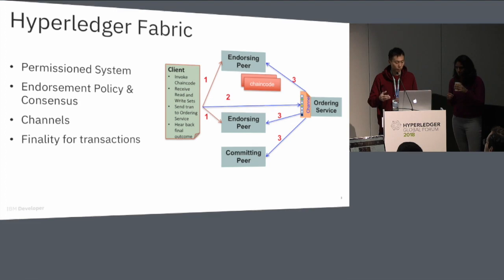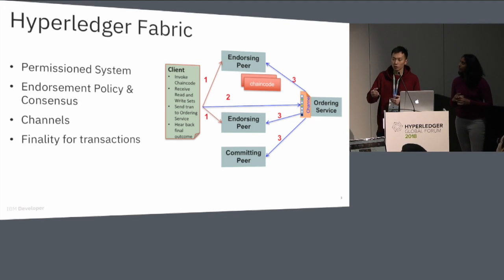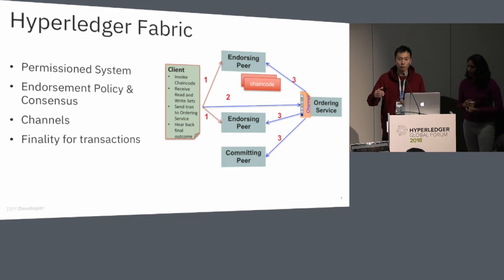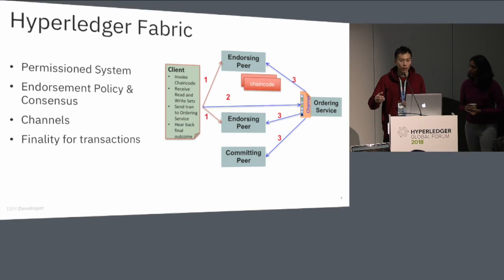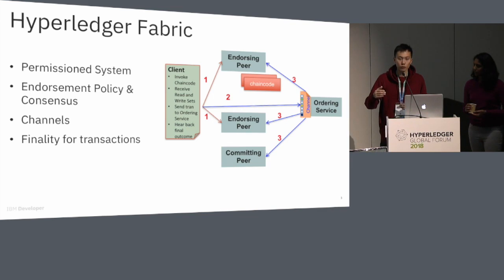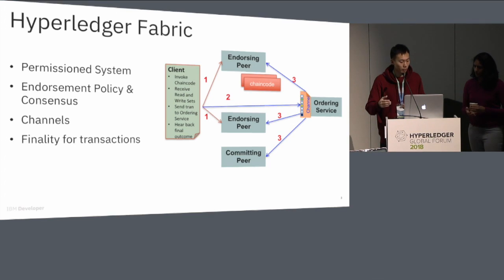So these several steps reflect the transaction workflow in Fabric. And some characteristics of Fabric I just want to re-emphasize here. This is a permissioned system. The chaincode runs the transaction, and the output will be a read-write set. Based on the endorsement policy, different endorsing peers will sign the transaction. This is part of the permission mechanism in Fabric.